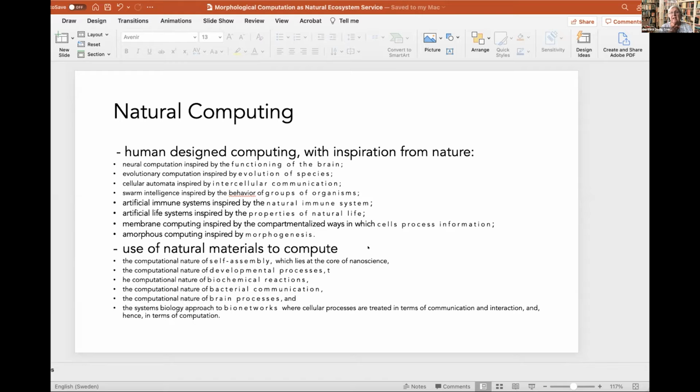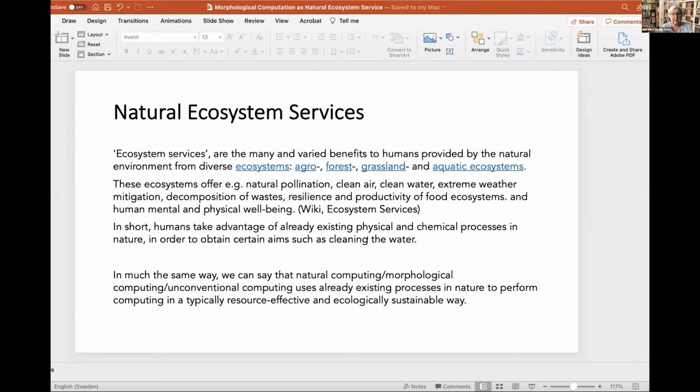So we can still learn a lot, as Guillermo just newly claimed, that, for example, for our real-time technologies we can learn how to manage things much more smoothly and better with the help of natural solutions. And the same goes for Rao's talk. We can also use natural materials directly to compute. And that is something we have heard in previous talks as well.